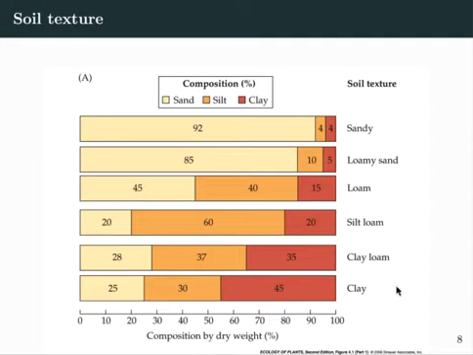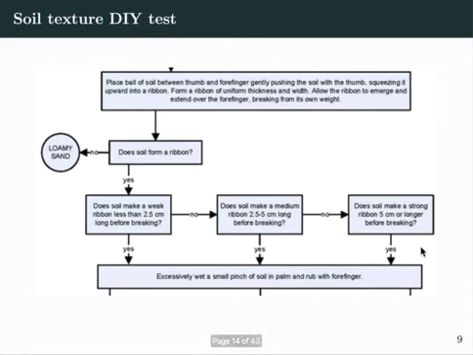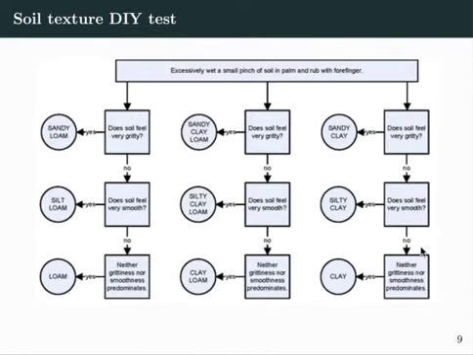You don't need to memorize these terms on the right. I just want to give you some sense of the range of these things. And for the really adventurous among you, the next 3 slides provide a soil texture DIY test where you can start with a tablespoon of soil in your palm, and you can go through this flow chart and decide what kind of soil you've got, whether it's sand or loamy sand or all of these different characteristics.